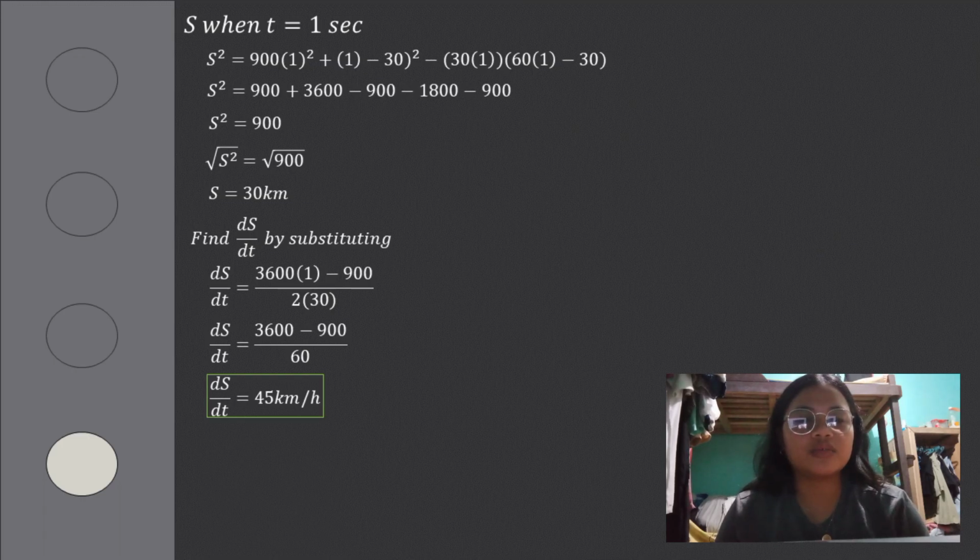It results in 30 kilometers. So, to find ds over dt, we substitute: ds over dt equals (3,600 times 1 minus 900) over 2 times 30, and it will result to 45 km per hour. So, that is the answer to our problem here in time rates.